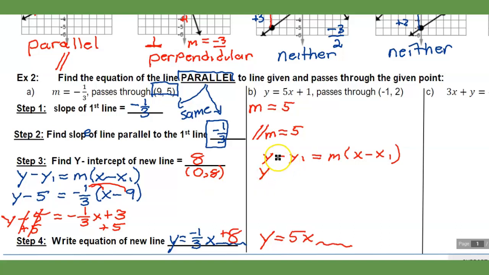Now, the point slope formula does have negatives, right? Or subtraction signs. So what happens if one of our points are negative? Yeah, so we'll end up with like this. The y equals positive 2, so it's still minus 2. Slope is 5. However, we have a subtraction sign from the formula, and then x1 itself is also negative.